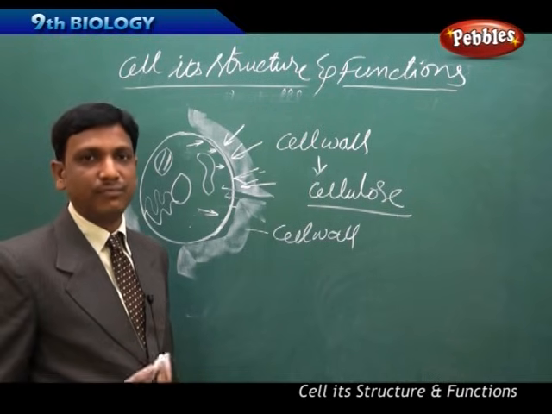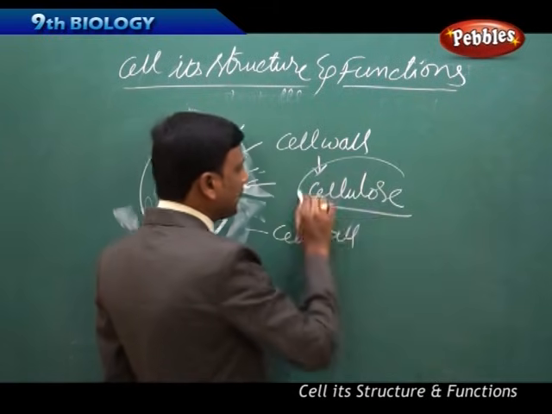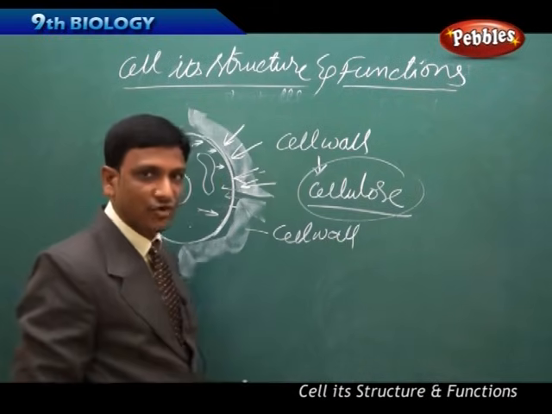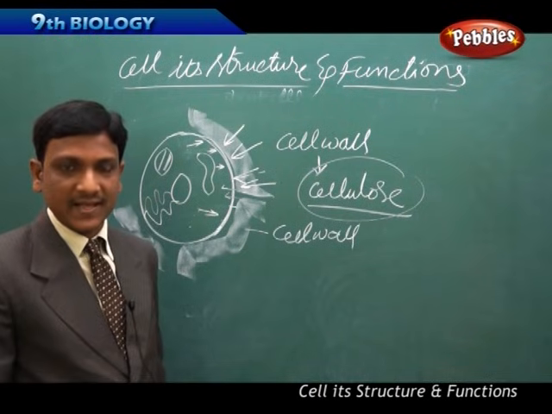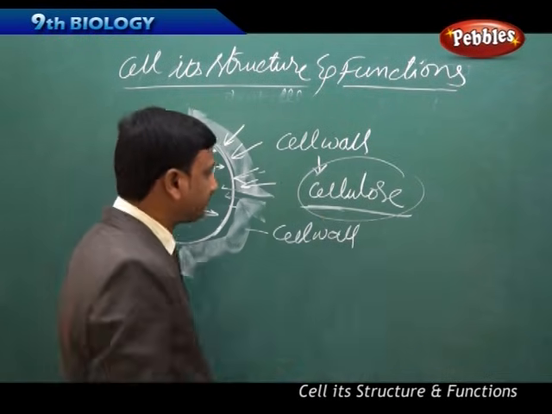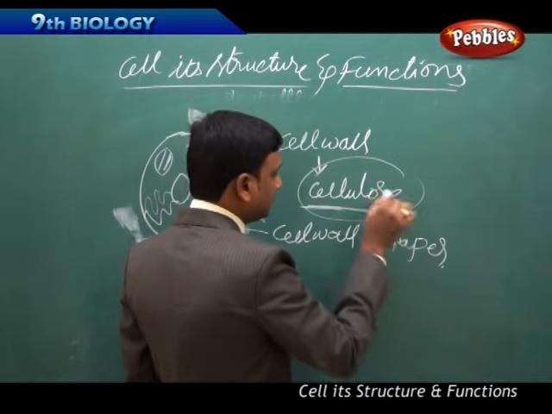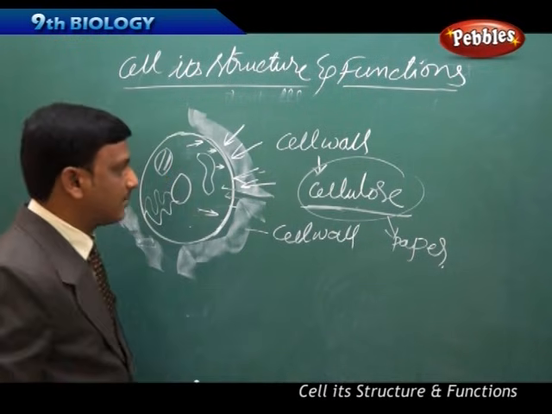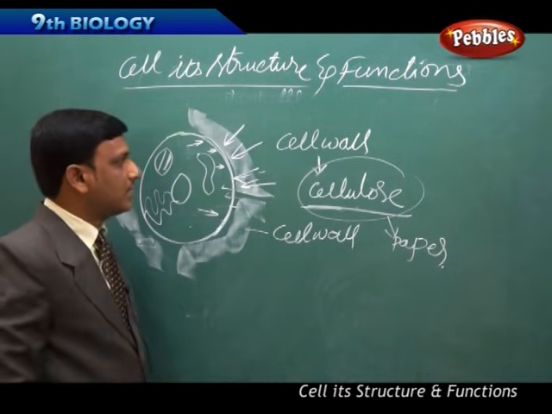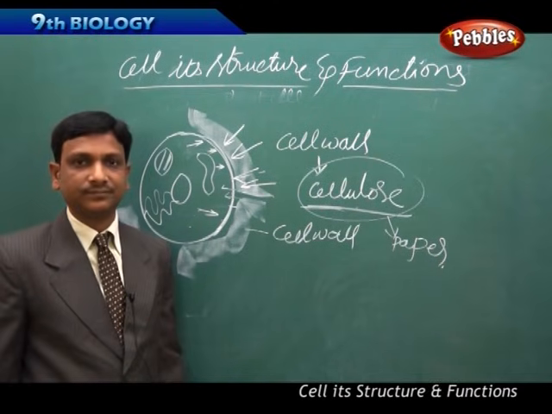That is the pulp of bamboo and other trees. The pulp consists of this material, cellulose. That means they are crushing the wood, the pulp, and extracting the cell walls. That is the cellulose, which is made into paper. So cellulose is the fiber part. Okay, so this is the importance of the cell wall in a plant cell.